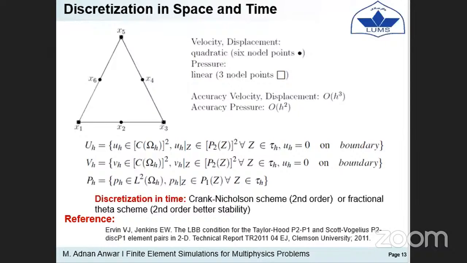The P2 P1 interpolation is employed because the LBB condition is satisfied without any stabilizing tools. Stable means the resulting matrix is regular and we can solve the problem. So the LBB condition says if we take the P2 P1 element correctly, then the matrix can be inverted.